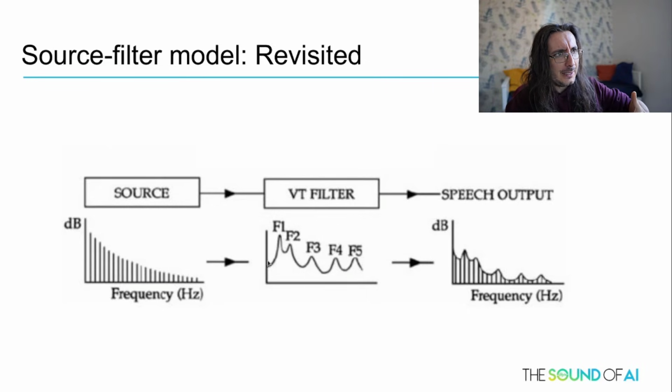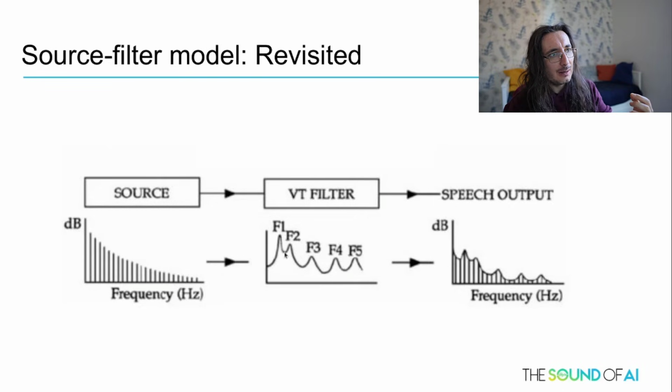The filter has some peaks, and these peaks are the resonances, where we have a boost in energy. Again, this is a power spectrum: on the x-axis we have the frequency, on the y-axis the energy.